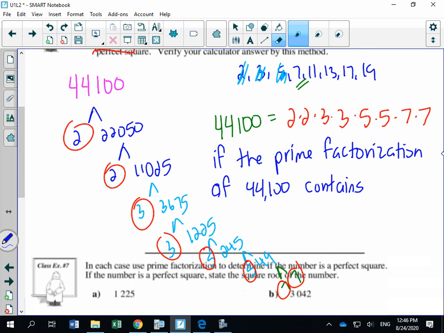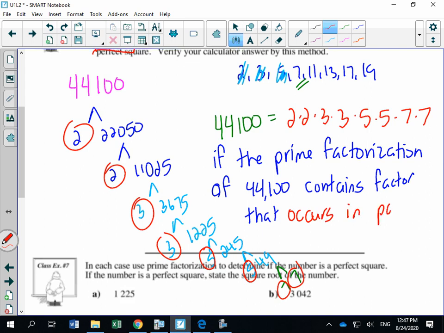So if the prime factorization of 44,100 contains factors that occur in pairs, your number is a perfect square.